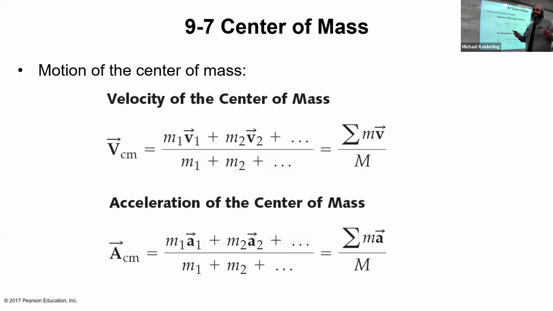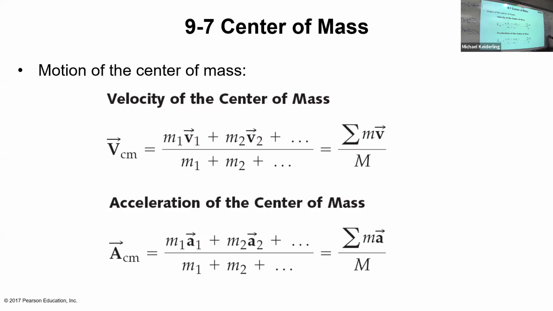Now, that center of mass can move. And it turns out we can just do the same thing we did with position for velocity. The velocity of the center of mass is just the sum of the individual masses times the individual velocities over the sum of the individual masses. And the same thing for acceleration.